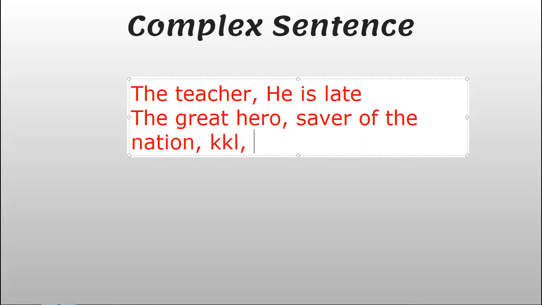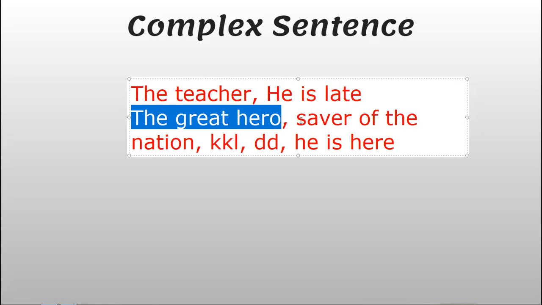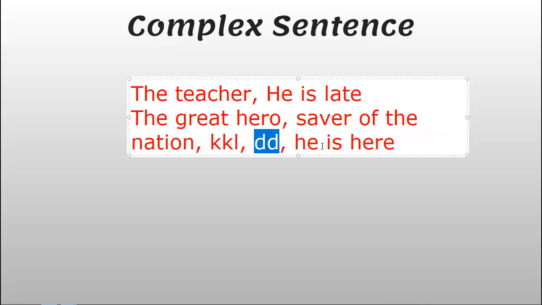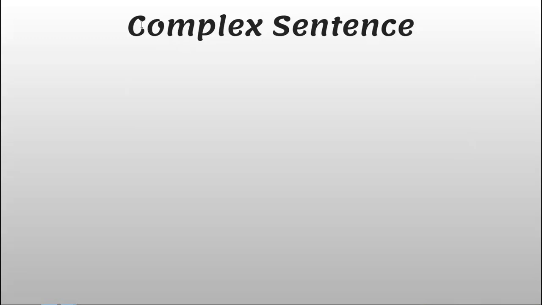They will add some add-ons, and then they will say he is here, right? You understand this part? So sometimes to introduce the mubtada, multiple mubtadas are used, okay? And after that the khabar comes. There are no commas in Arabic, right? So how are we going to understand this one? It will be easy if you see the example, then you can understand it.